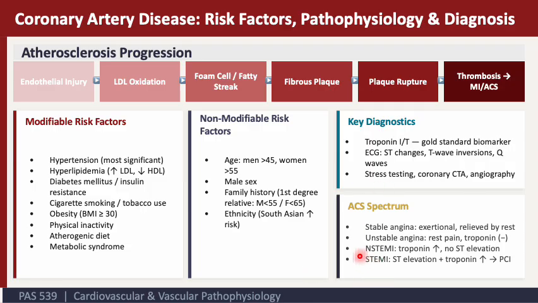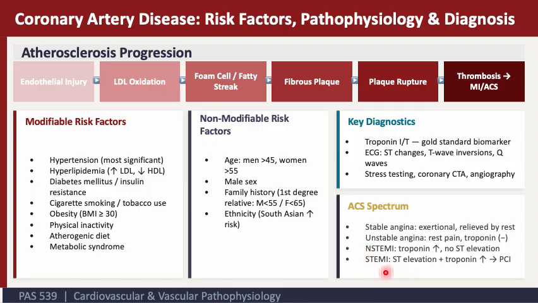The third category is called a non-ST elevated MI, meaning they're coming in with symptoms. Their troponin is elevated, but there's no elevation in the ST segment of their ECG.